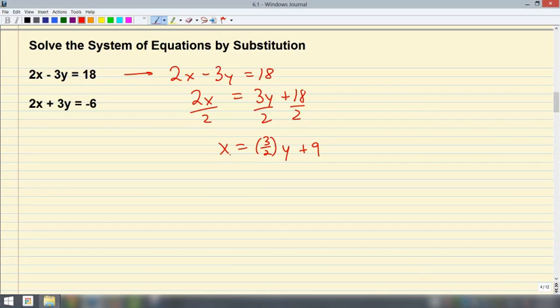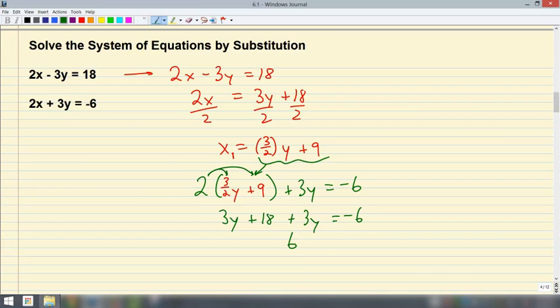Sometimes when I write these, I'll say x sub 1, just to remind me that this came from the first equation. And now we're going to take this and plug it into the second equation, which is 2 times x plus 3y equals negative 6. And what is x? It's this stuff. Distribute the 2. y equals negative 4.